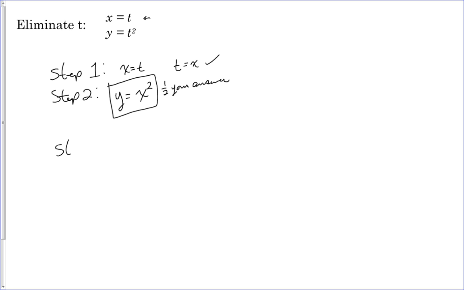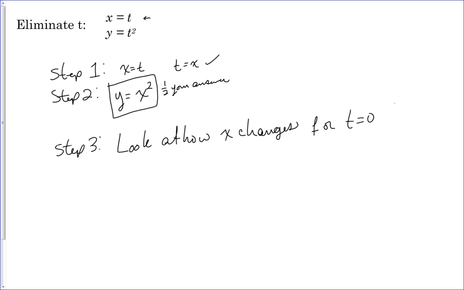Because remember, step three is to restrict your domain. To restrict your domain, you need to look at how x changes for t equals 0 and t equals 1.